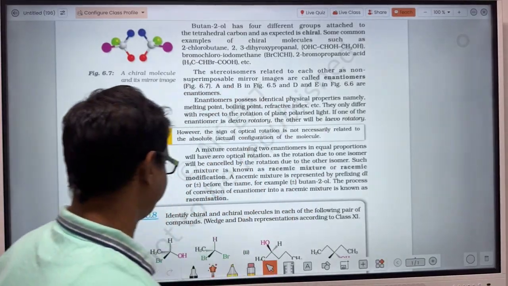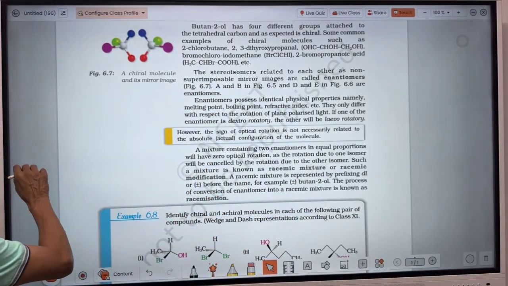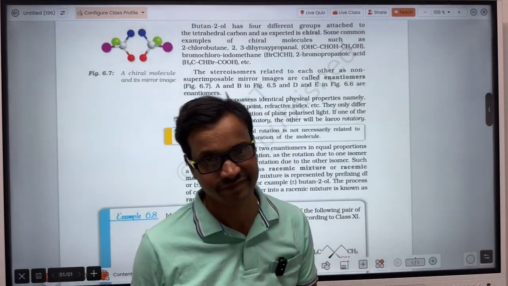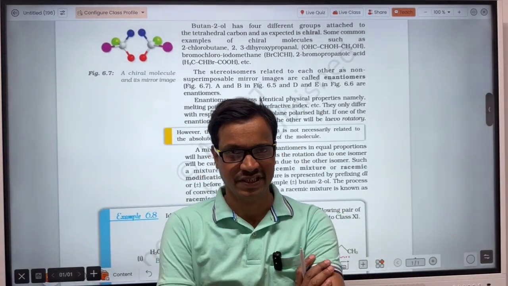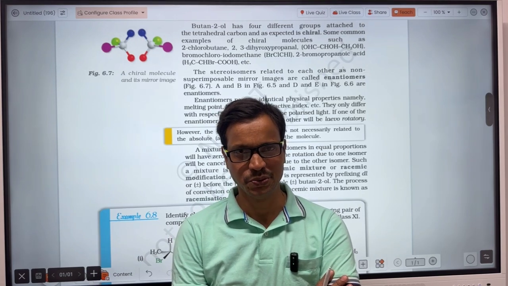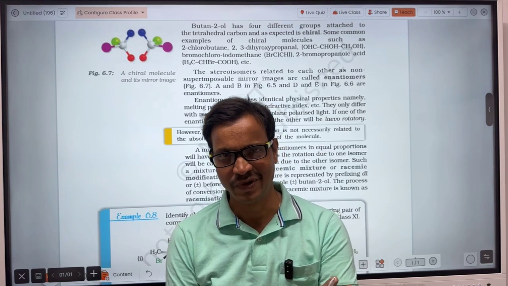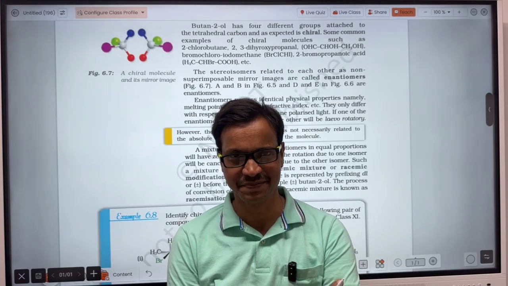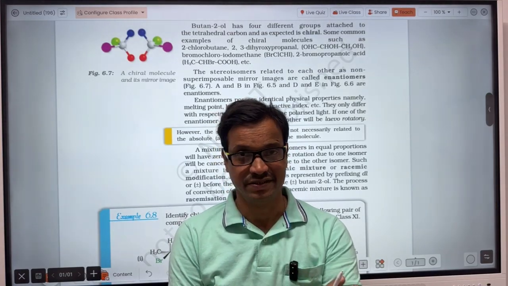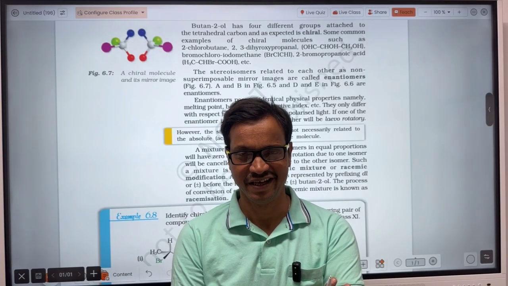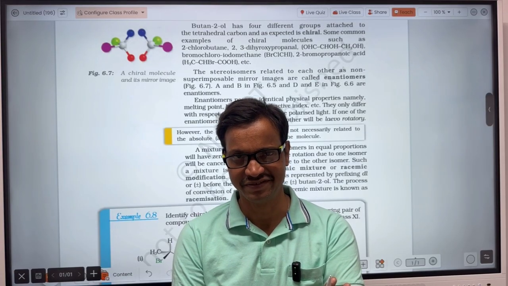Okay, now let's see. What is racemization? Recall that when I taught you the reaction which was taking place through SN1 mechanism. What was happening when the reaction was taking place through SN1 mechanism? Firstly there was cleavage of the carbon halogen bond and formation of carbocation.